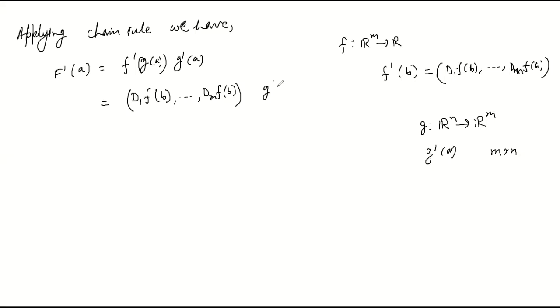On the left hand side we have F prime of A, and F is from R^n to R, so the Jacobian matrix of F at A is d1 F at A, and so on, dn F at A. This is a 1 cross n matrix.